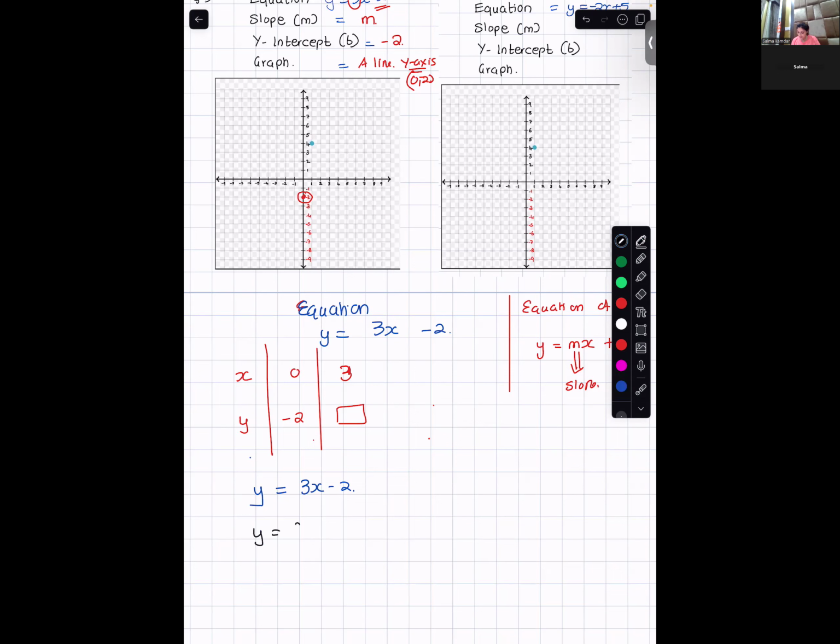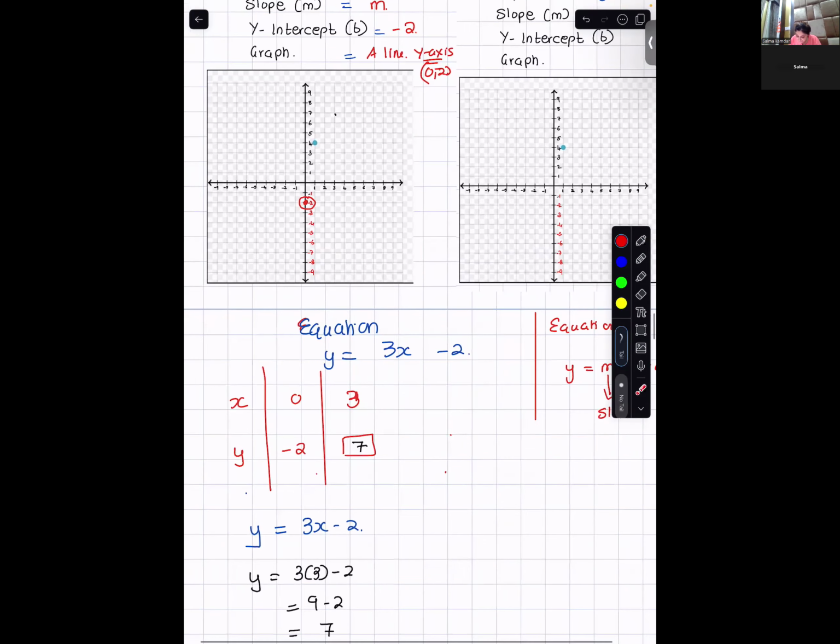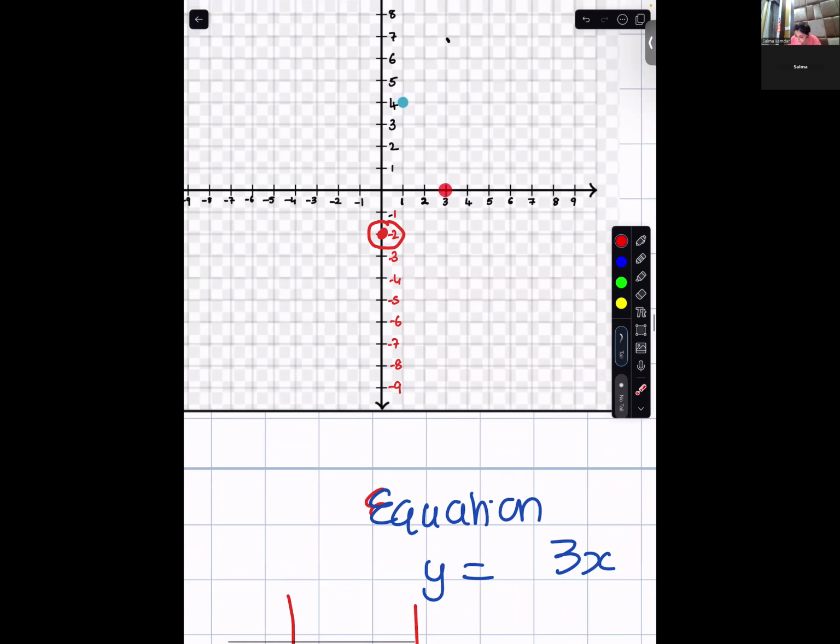So y is equal to 3 times 3 minus 2. 3 3s are 9 minus 2. 9 minus 2 is 7. So y will be 7. So when x is 3, y is 7. So my second point will be over here.